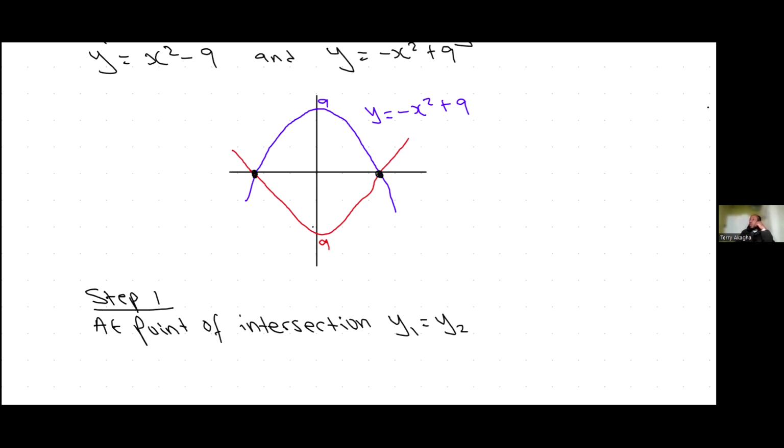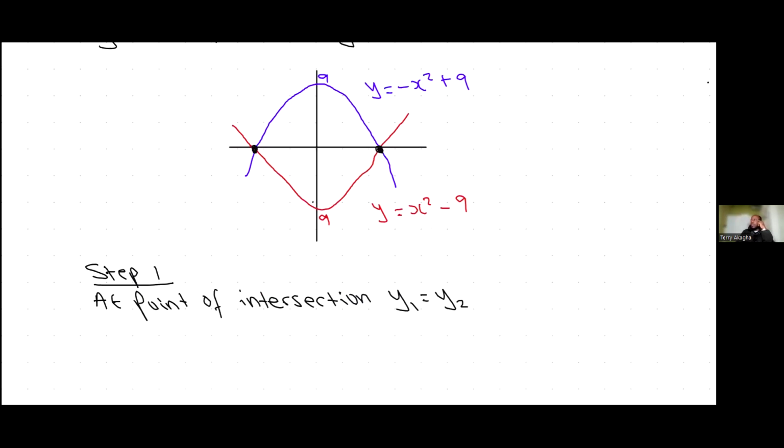So this is going to be y equals x squared minus 9, all right? At point of intersection, y1 is equal to y2. So that means minus x squared plus 9 will be equal to x squared minus 9, okay? So x squared minus 9 will be equal to minus x squared plus 9, all right?